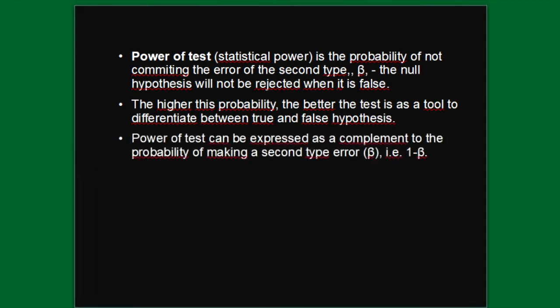The power of the test might be expressed as the complement of the probability of making the error of the second type, which means 1 minus beta.